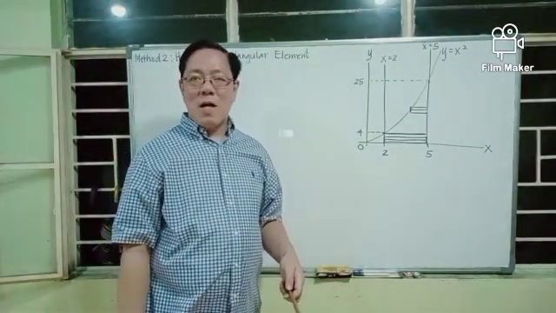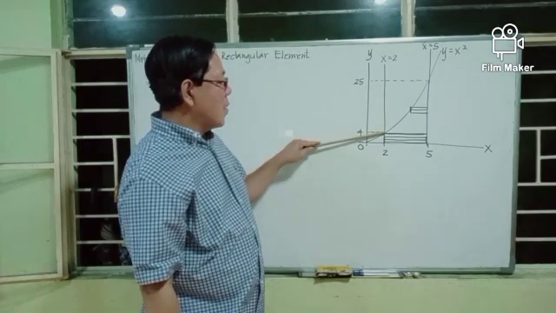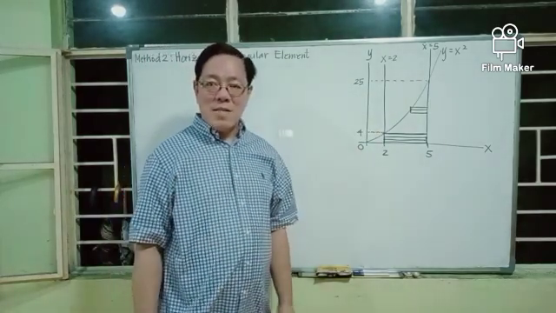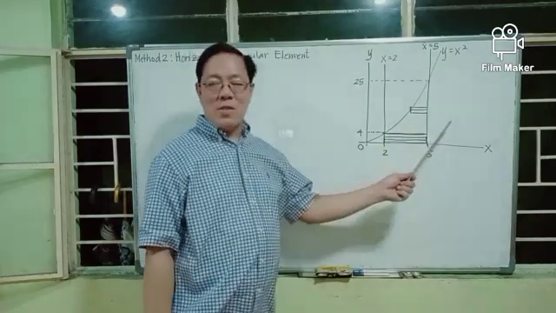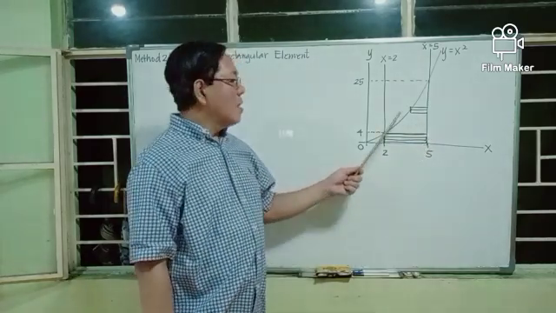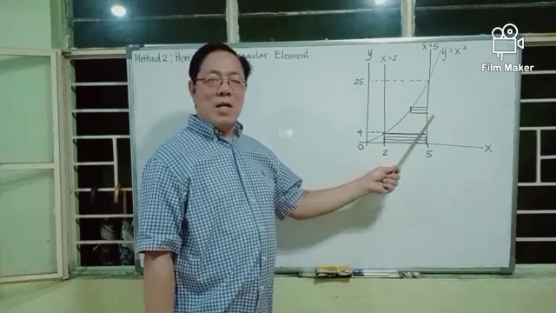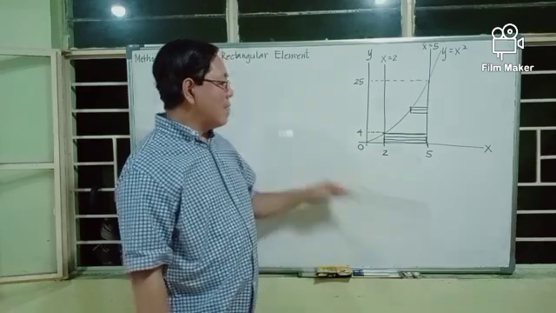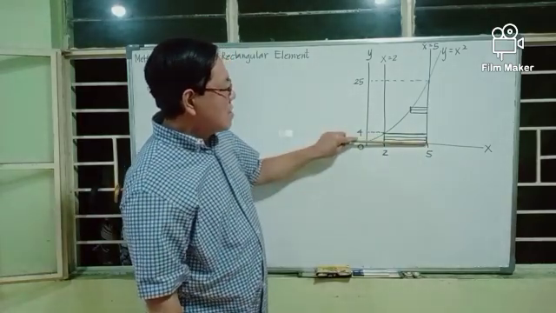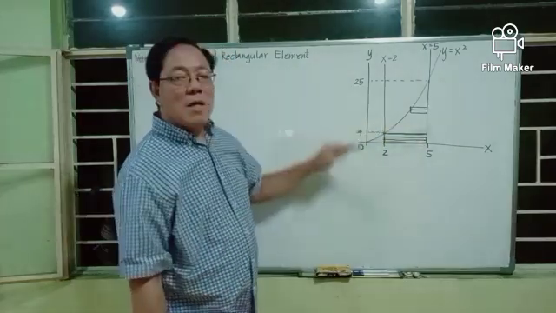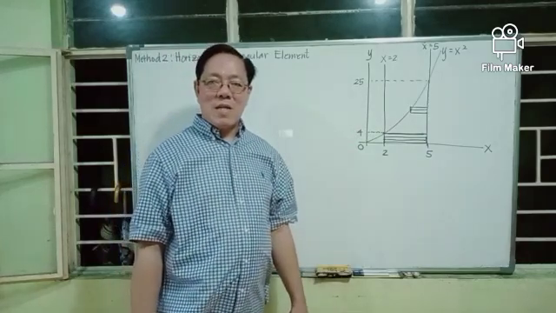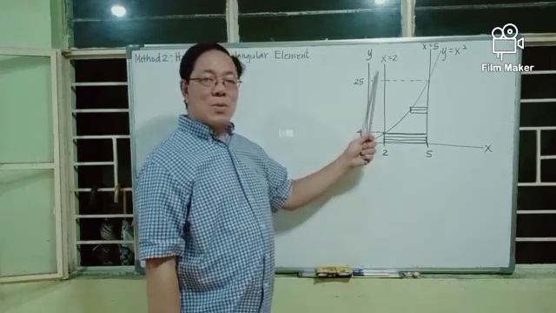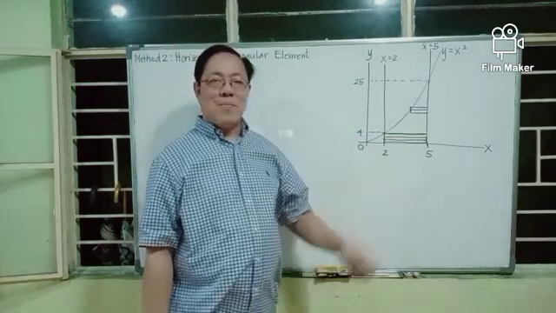If you draw horizontal rectangular elements from this point up to that point, the ends of the bases of the horizontal rectangular elements have points on the parabola and on the line x equals 5. But if you draw horizontal rectangular elements from the x-axis up to this point, the bases of the rectangular elements have points on the line x equals 2 and the line x equals 5.